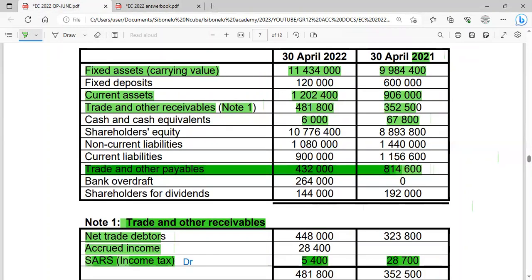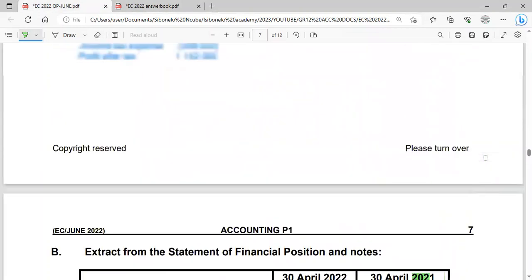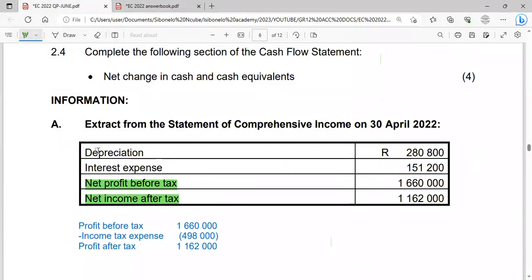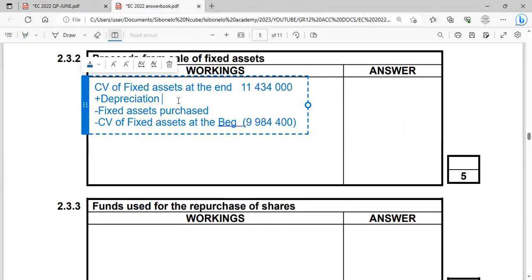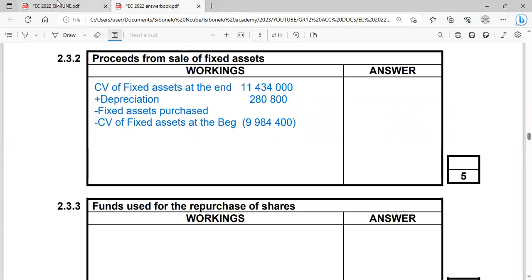Then we have depreciation. So depreciation should be given in the income statement extract. So depreciation is given at 280,800. So in this case, we're gonna add depreciation, 280,800. So do we have fixed assets purchased during the year?